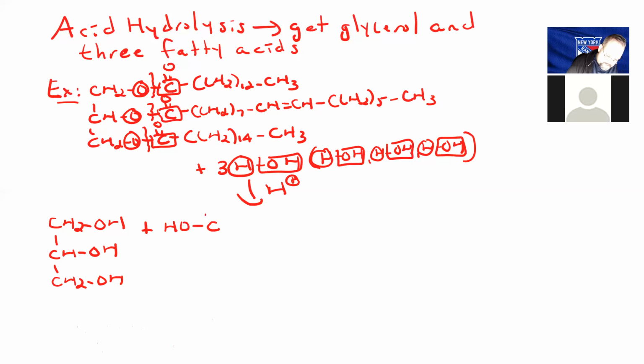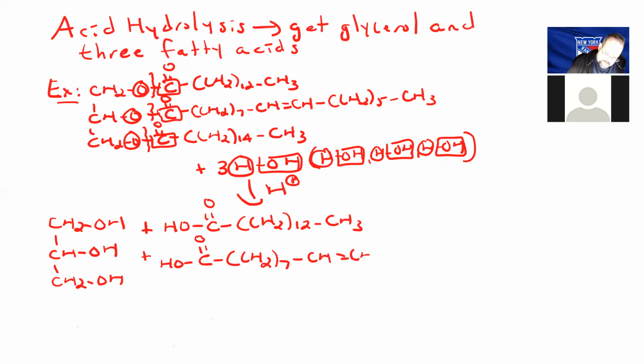So I'd start with my C double bond O for the first fatty acid, connect that to an OH, and then complete the rest of the structure. CH2 12, CH3. That's my first fatty acid. Second one, C double bond O, connects to OH, and then I have the rest of the structure. CH2 7, CH double bond CH, CH2 5, CH3.